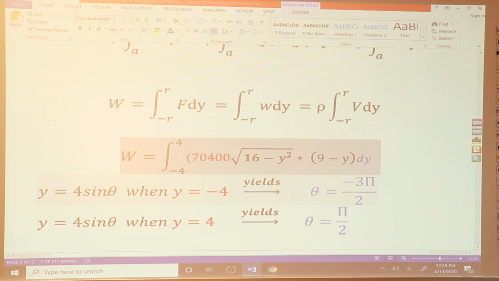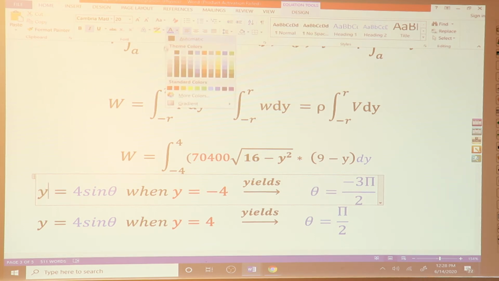We can use y equal 4 sine theta, right? This is the basics of trig substitution, right guys?